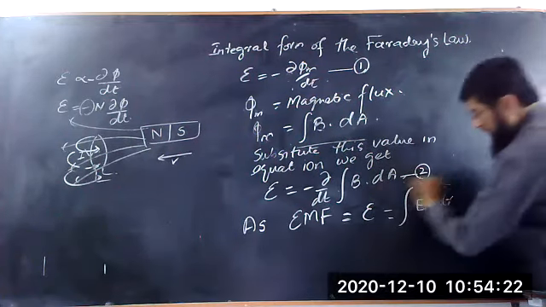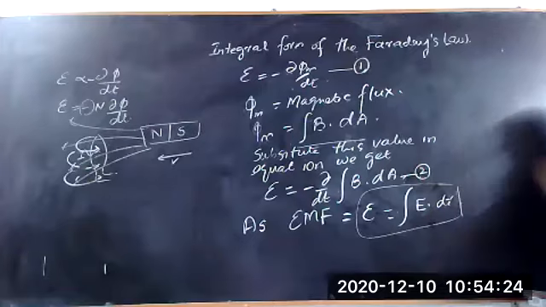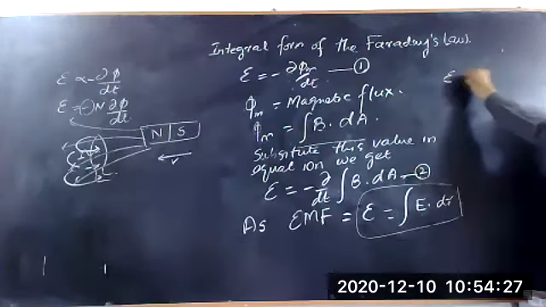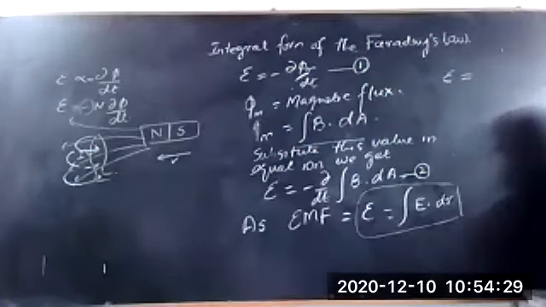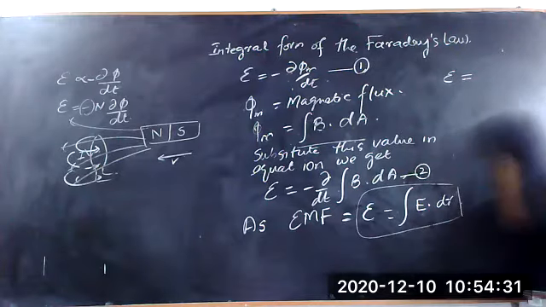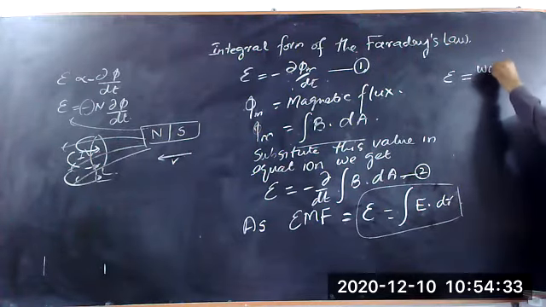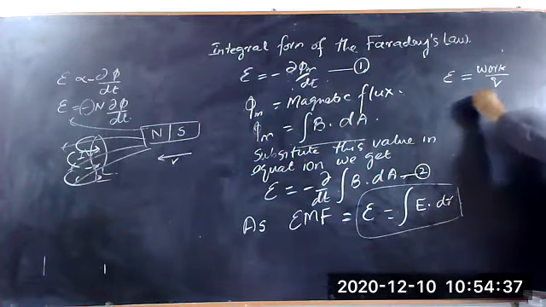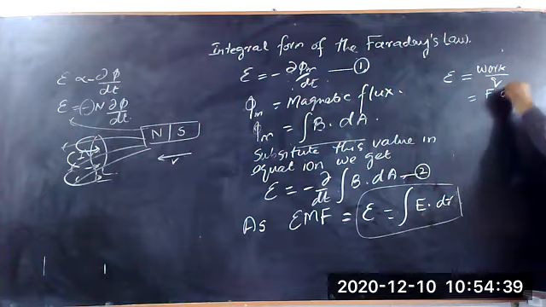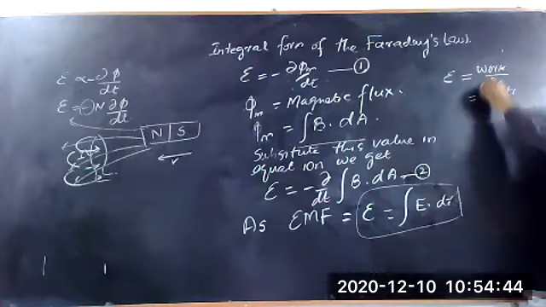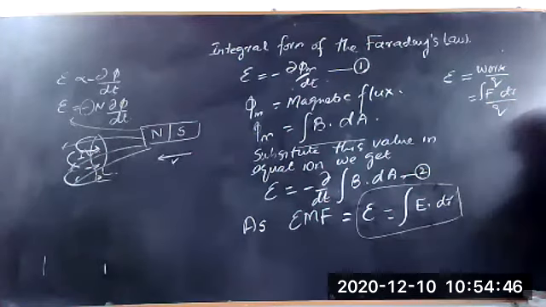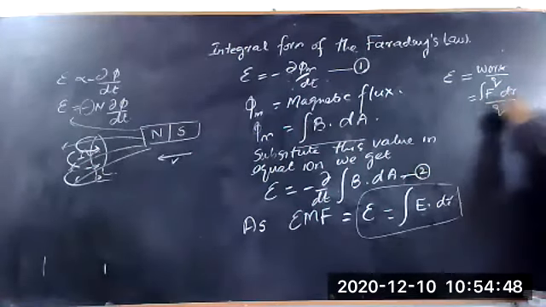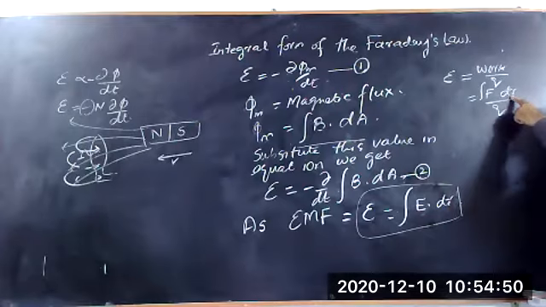How do we get this formula? You know that the EMF E, or potential difference, is equal to work done per unit charge, and the work is equal to force into displacement. Displacement is dr, and the integral over dr gives the total displacement.